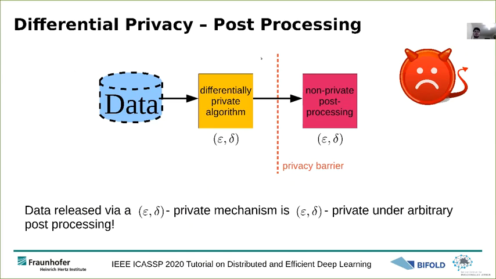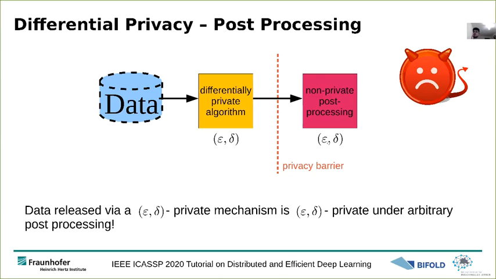One property of differentially private mechanisms is that the differential privacy parameters are invariant under post-processing. So if you have some data and you apply a differentially private algorithm with privacy parameters, and then afterwards you release that data, anyone can do with this data whatever they want. They can apply whatever post-processing method they want, and still the privacy parameters will not change.